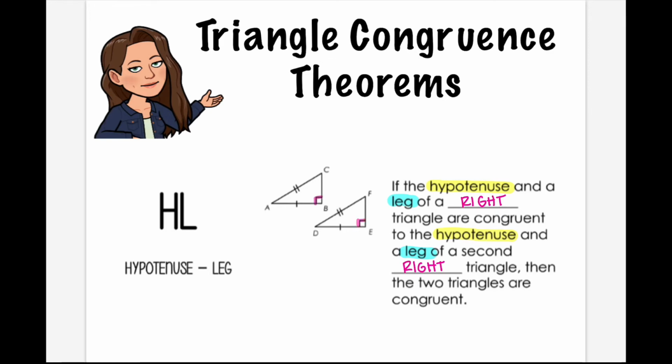Well, a hypotenuse is the longest side of a right triangle. Now, a right triangle is going to be marked by a little box in a corner that represents 90 degrees. The side across from that is the hypotenuse.